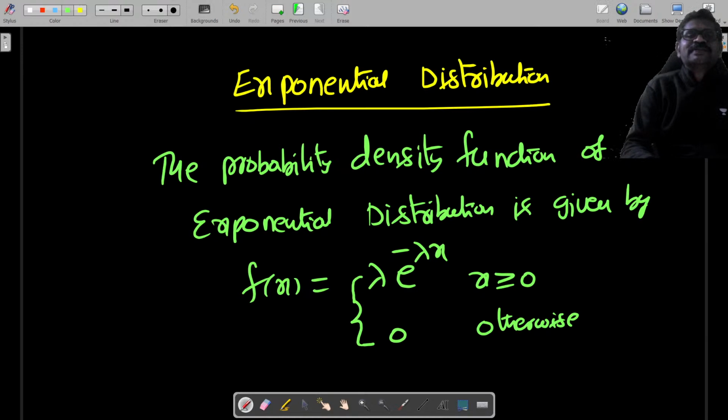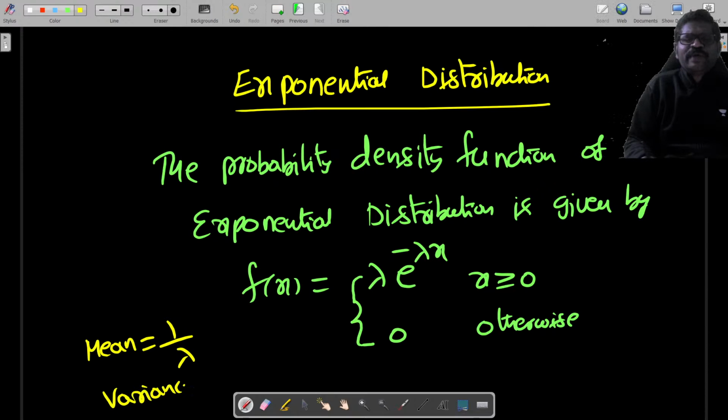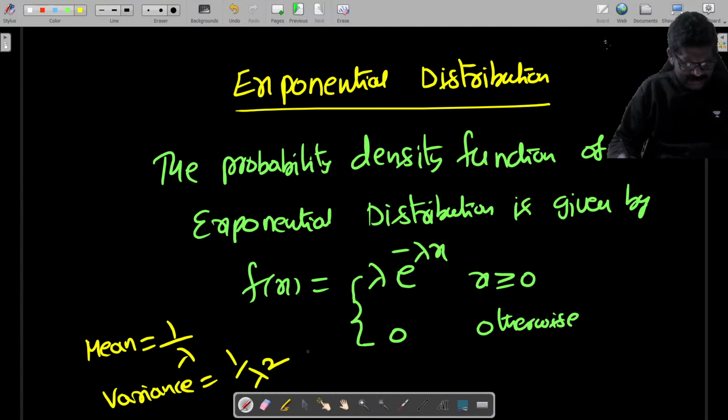Whose mean is 1 by lambda, and whose variance is 1 by lambda square. The mean of exponential distribution is 1 by lambda and the variance of exponential distribution is 1 by lambda square.